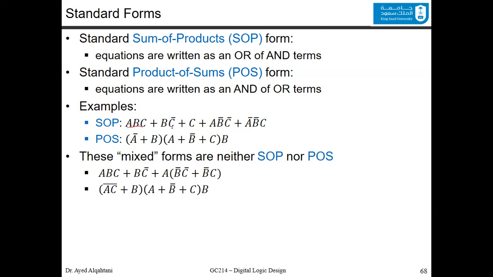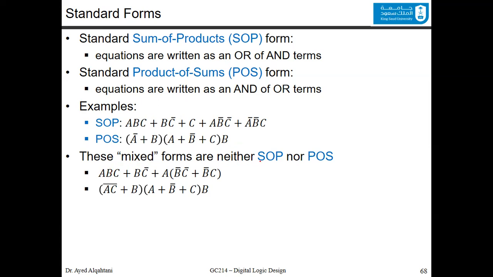As an example of SOP, you can see here ABC, or BC bar, or C, or A bar B, or A B bar C bar, or A bar B bar C. So they are ANDs ORed together. This is the sum of products. We have products and they are summed together. For the product of sums, you have a sum, another sum, and a single value, which we consider a sum too. Then you have a product between them. This is the product of sums. Other cases, like these, are mixed forms.